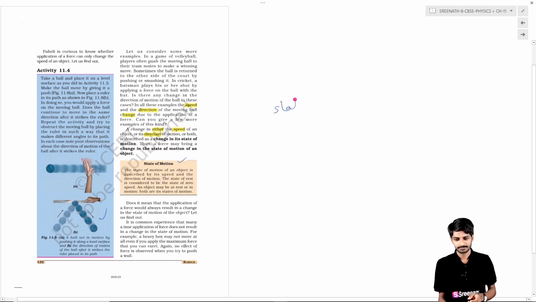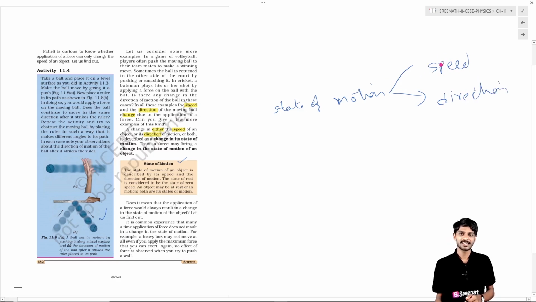State of motion is nothing but described by its speed and direction. If speed changes, then we will say that state of motion is changed. If direction is changed, then we will say state of motion is changed.